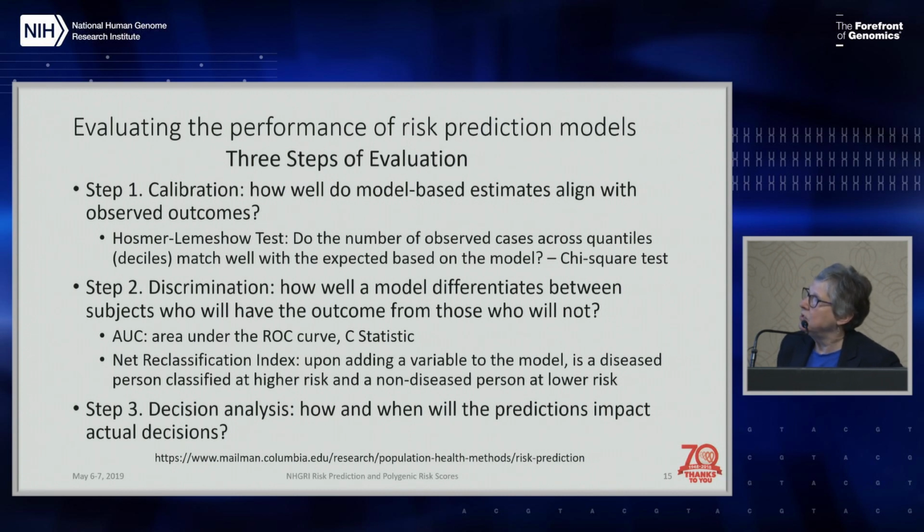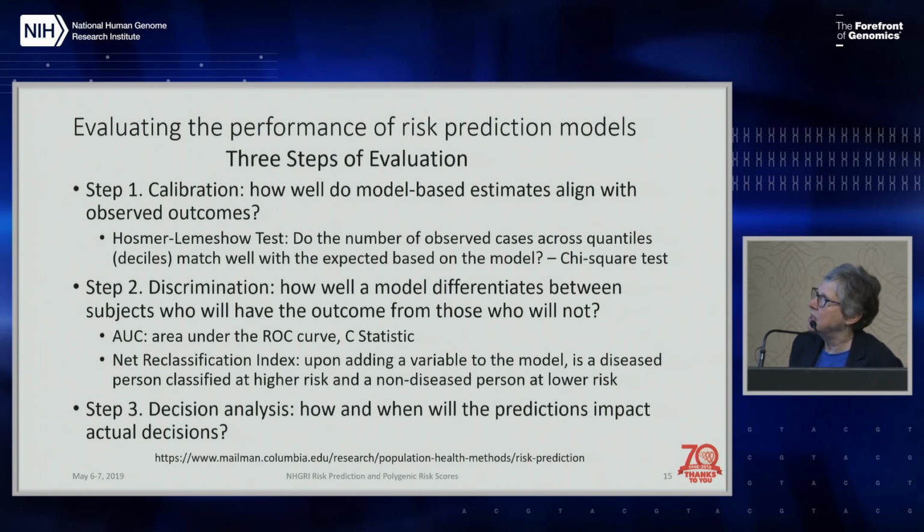A commonly used statistic in this context is the Hosmer-Lemeshow test, asking exactly that. Do the observed number of cases fit the expected number of cases? It's just a classic observed minus expected chi-square type of test.